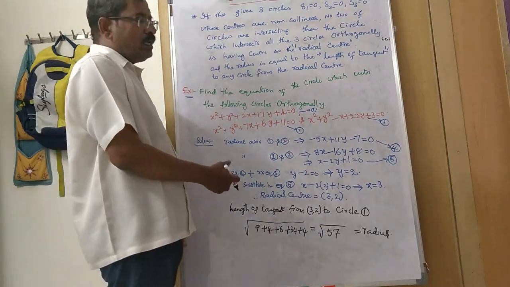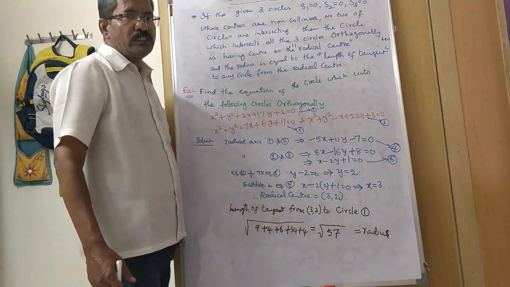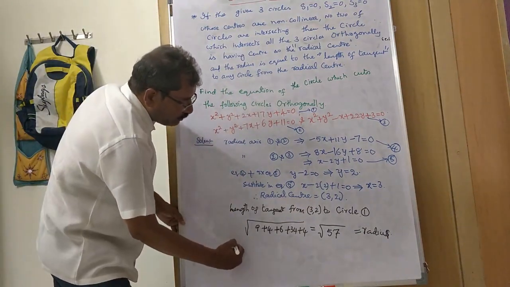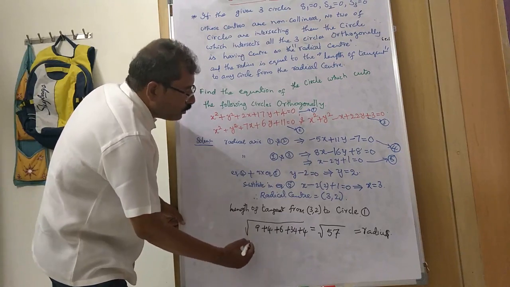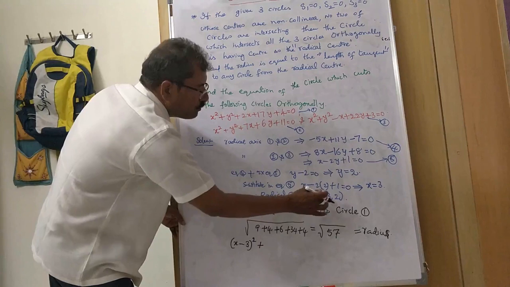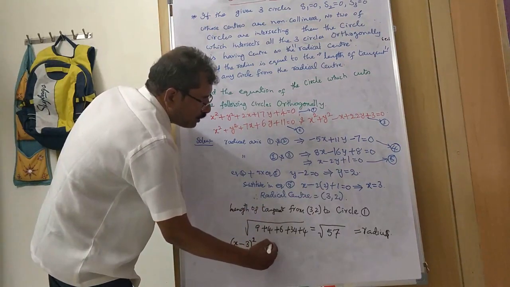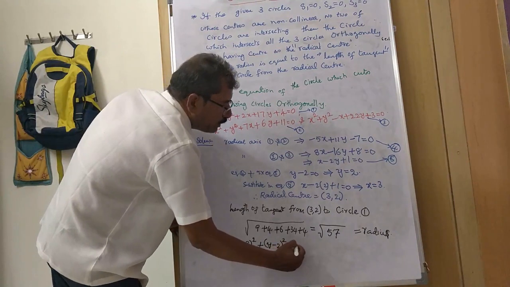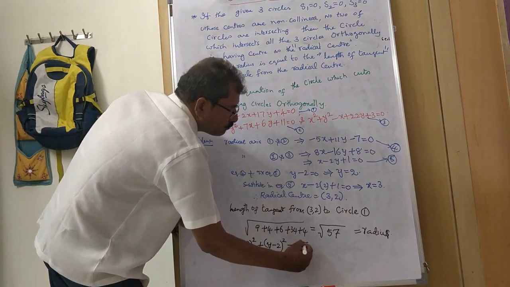You can use it and then find the required circle equation. See, x minus 3 whole square plus y minus 2 whole square is equal to r square, which is root 57 square.